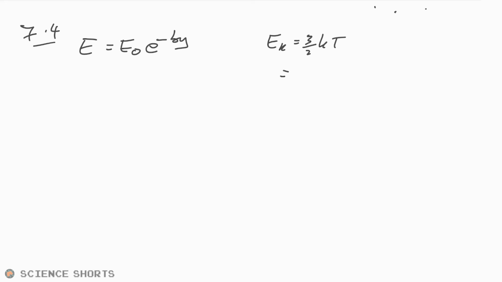And so that is equal to 3/2 times Boltzmann constant times temperature in Kelvin, 350. Okay, might as well find that out real quick. And that energy ends up being, it doesn't sound like a lot, but it all adds up, so that times 10 to the minus 21 joules. Okay, let's stay accurate for now. Let's go to 4 sig figs.